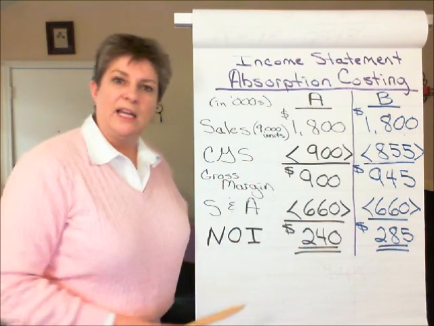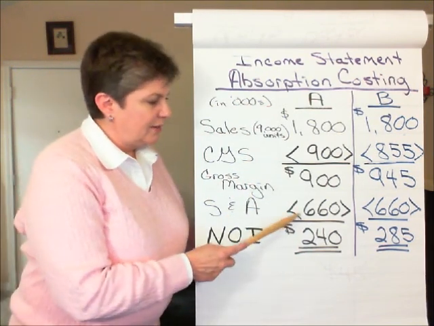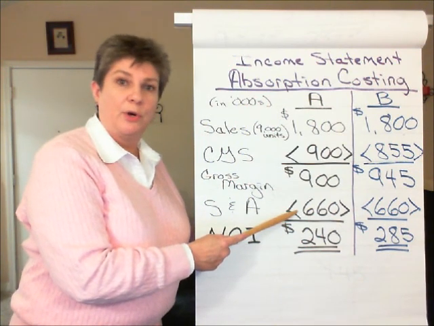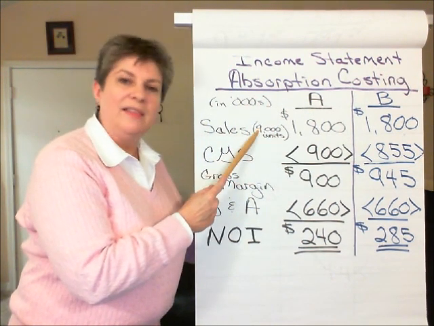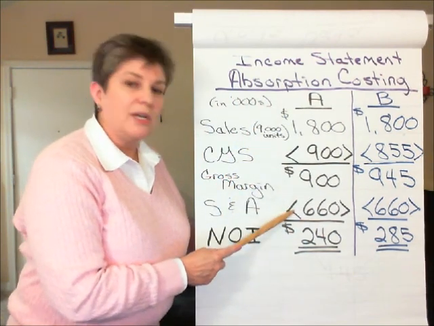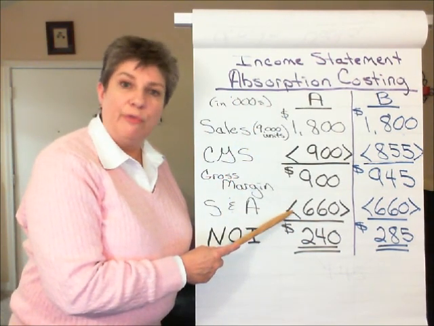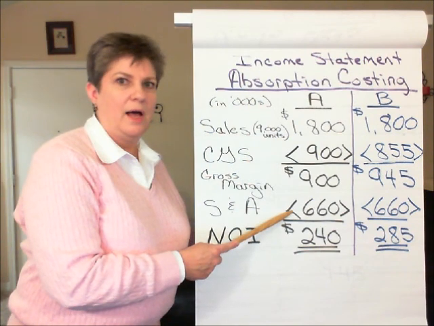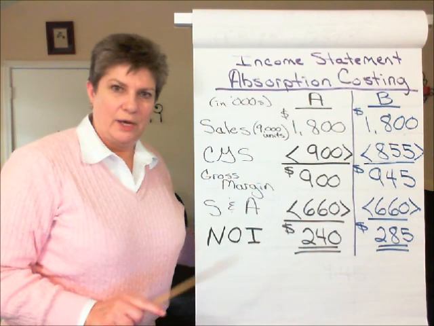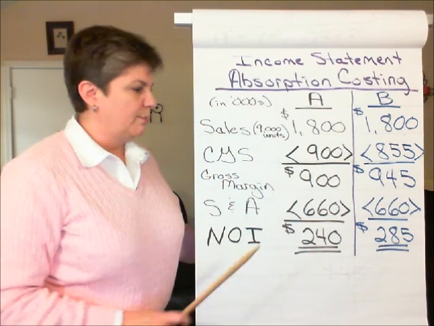So the selling and administrative expenses are made up of the variable portion, which was $20 per unit, times the 9,000 units sold, or $180,000, plus the fixed portion of $480,000. And you may want to refer to the data video to refresh your memory on those amounts.